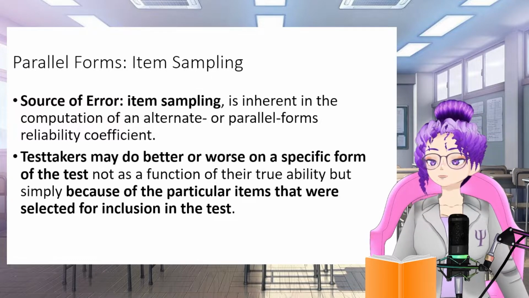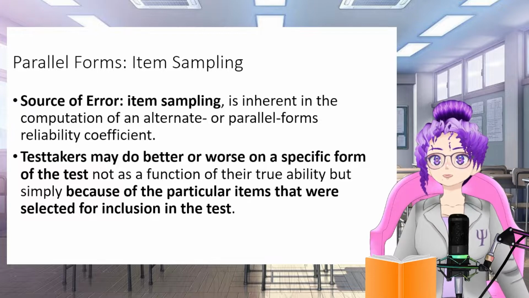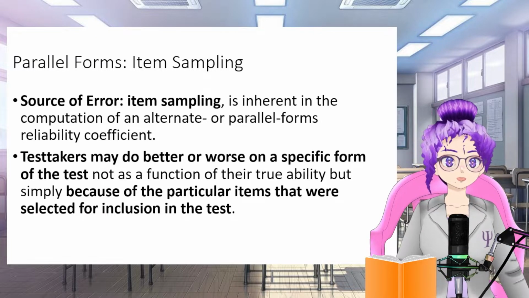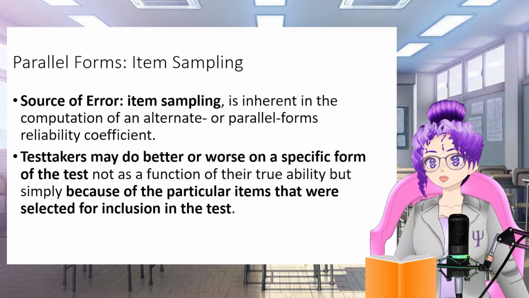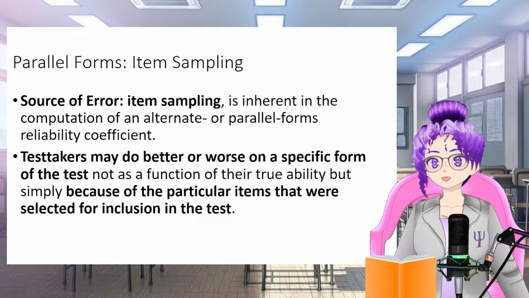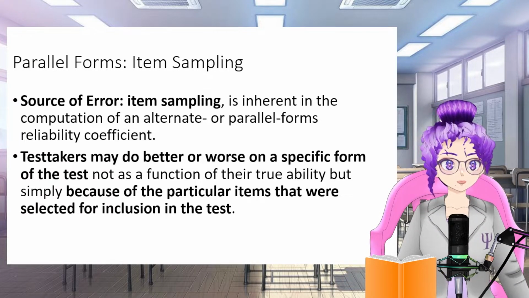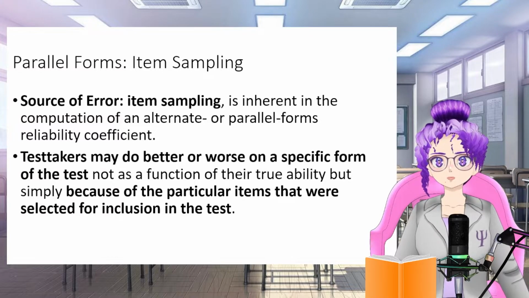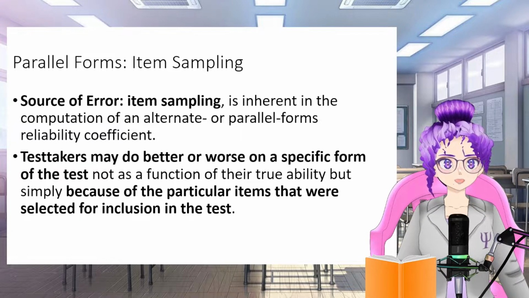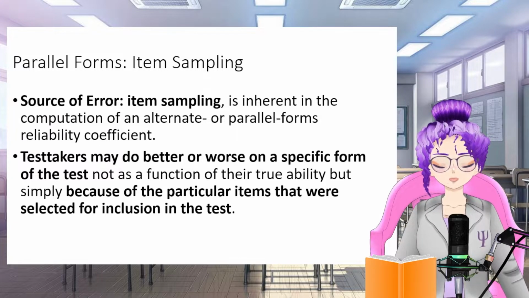A test taker may do better or worse on a specific form of a test, not as a function of their true ability, but simply because of the particular items that were selected for inclusion in the test. For example, one test taker may perform better on Form A than on Form B because of the content sampling of the items.